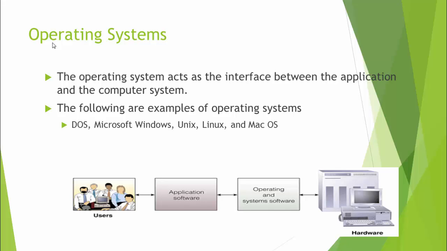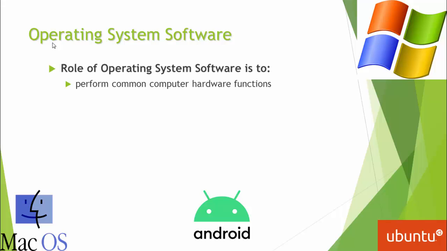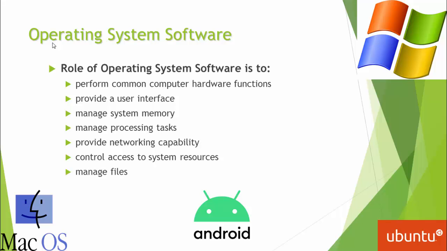There are various OSs, including the ancient DOS, Microsoft Windows, Linux, Mac OS, Android, etc. Now, the role of the operating system software is various hardware functions, keeping the hardware going, giving the user an interface to access that hardware, managing system memory, doing various processing tasks, allowing for networking, access to system resources, and file management, so moving files around.